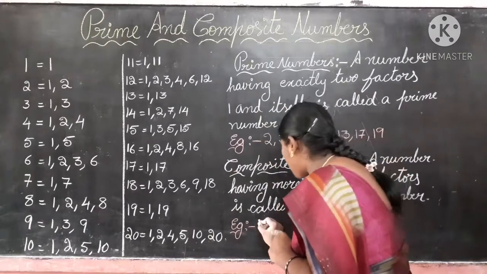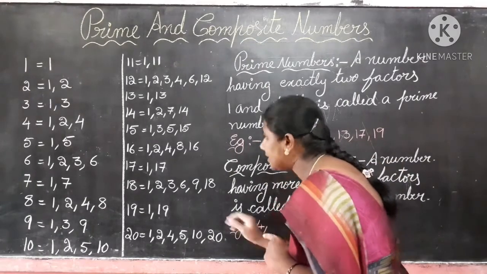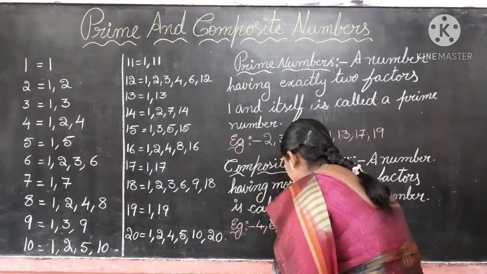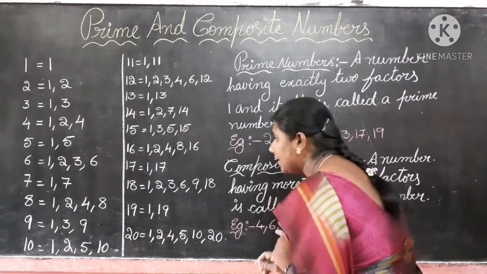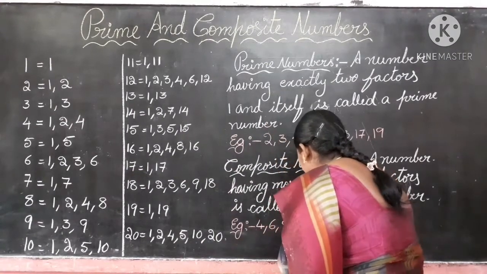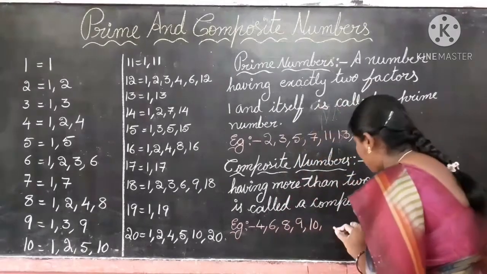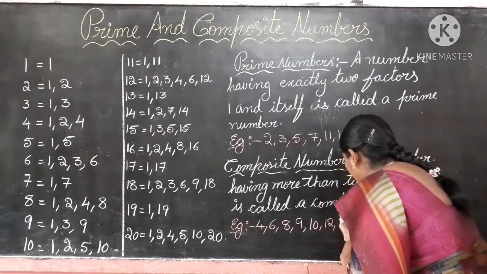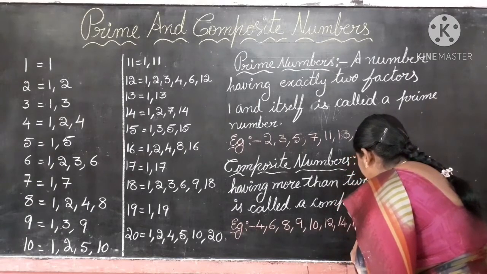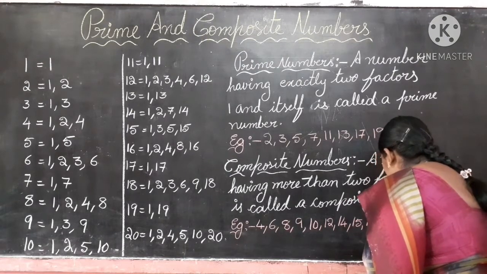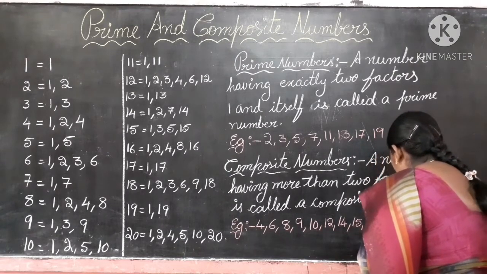So 4, next 6, 8, 9, 10, 12, 14, 15, 16, 18, 20.